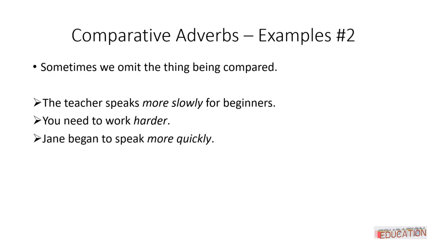Jane began to speak more quickly, implied: than she was speaking before. Bill drives more carefully now, implied: than he used to. So in these cases we can see that when the comparator is clear, we don't need to state it.